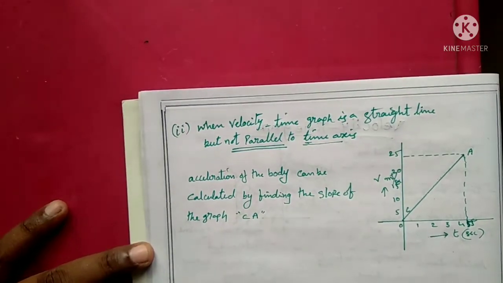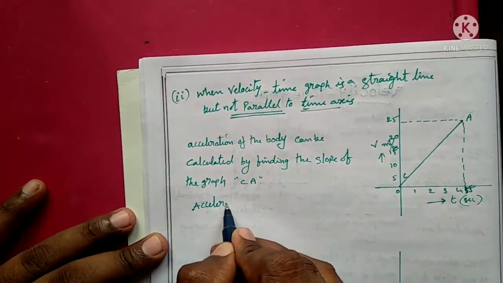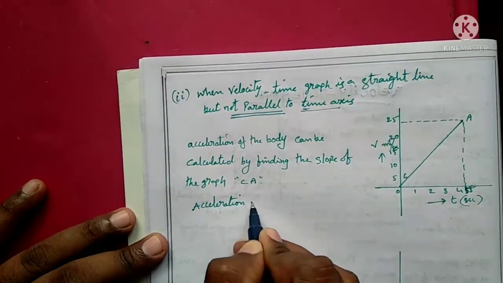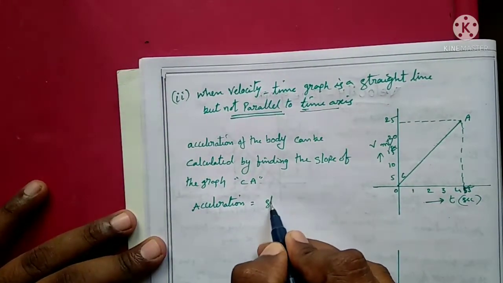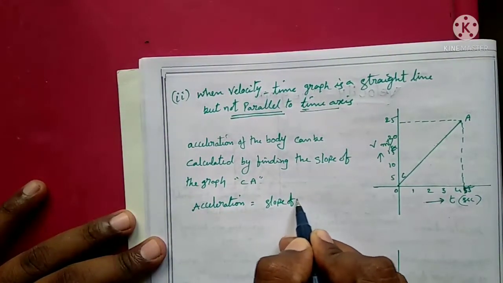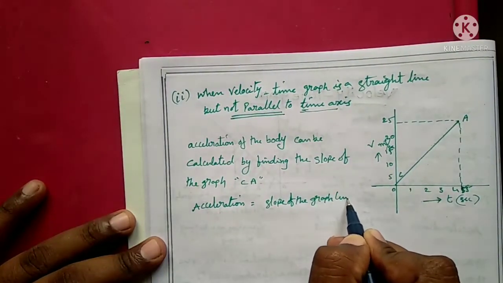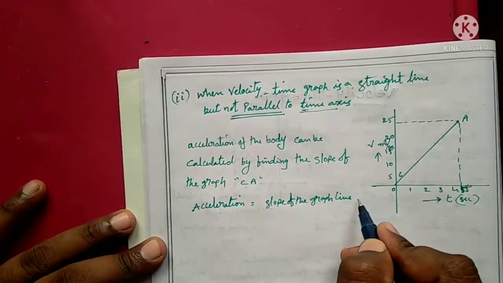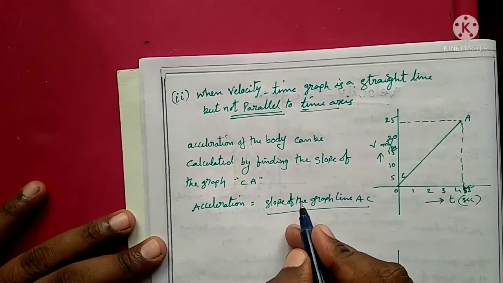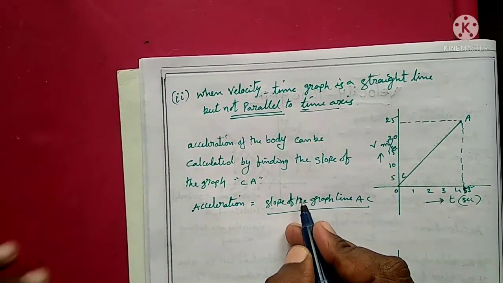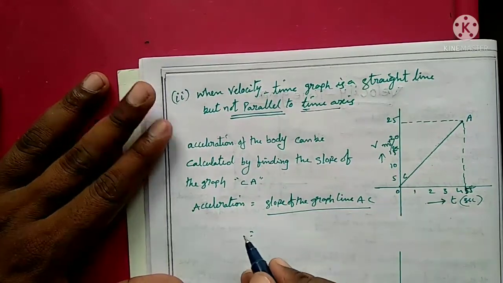Now acceleration is equal to, very simple, the slope of the graph line AC.